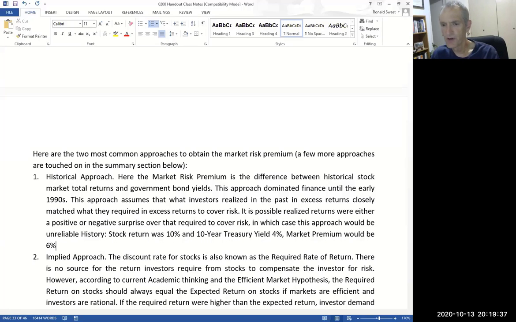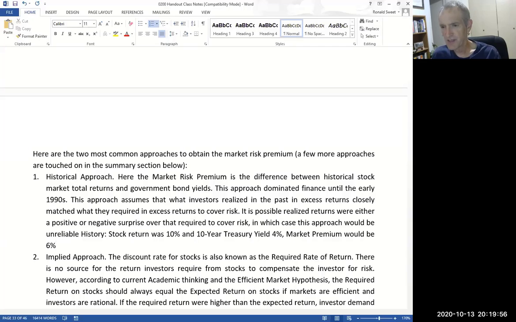Real straightforward. You just take historically, what did stocks actually return? Oh, 10%. What was the actual 10-year treasury yield? Oh, 4%. Then historically, stock investors have gotten 6% more than they would have gotten from treasuries. That must be their market risk premium.